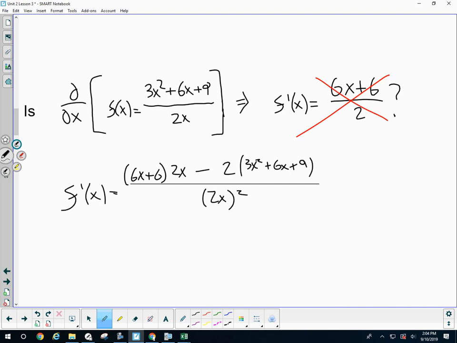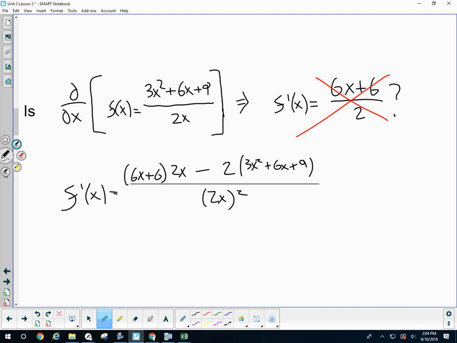Now, like the product rule, we could pretty much leave this alone. However, it is very common to be asked to simplify this, and where you need to simplify is typically the numerator. Just simplify the stuff in the numerator.